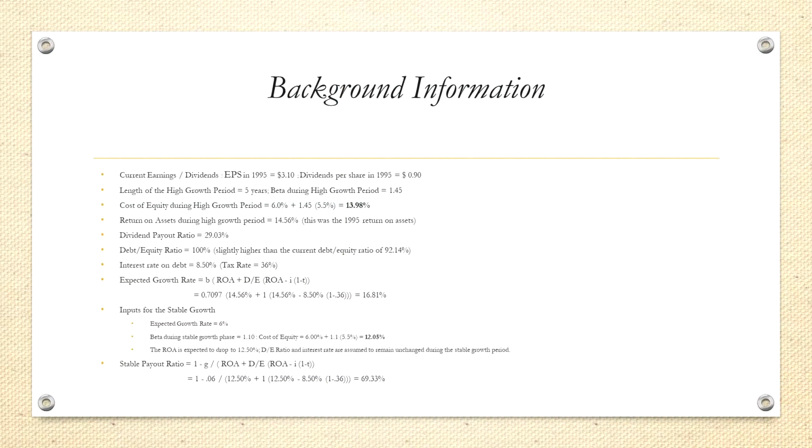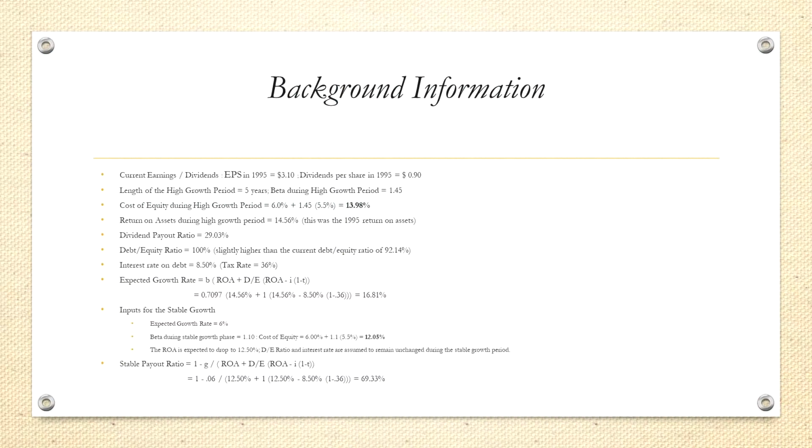And here, what we want to do is to estimate the expected growth rate. Expected growth rate equals the retention ratio. What is the retention ratio here? It equals 1 minus the dividend payout ratio, which is 70.97%, 1 minus 29.03%. That is a little over 70%.